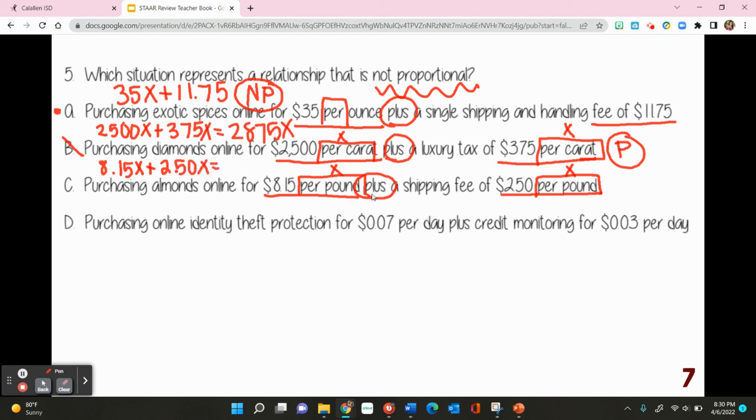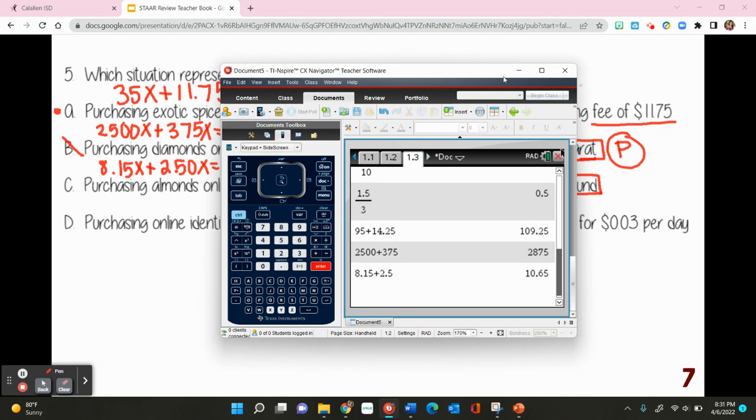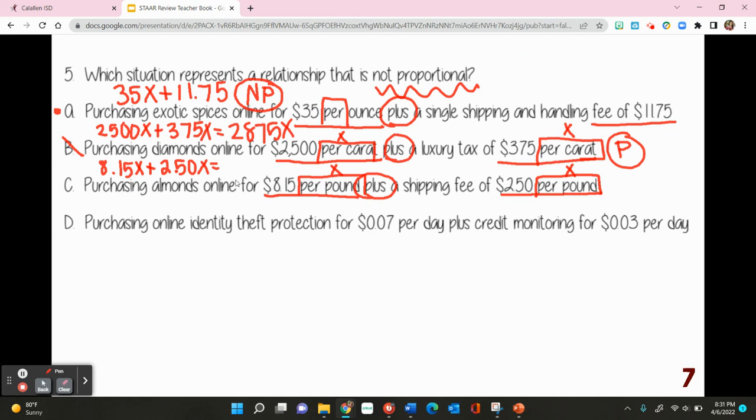And since they both are being charged per pound, that means I can combine the amounts they are charging. And when I combine 8.15 plus 2.50, we get 10.65x. So this equals 10.65x, and this means that this is proportional. I can cross C out.